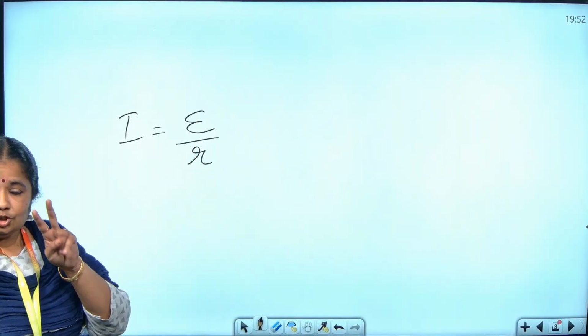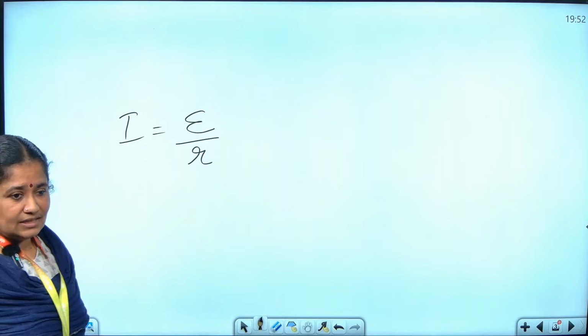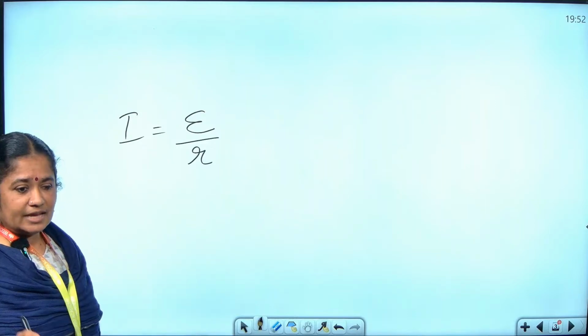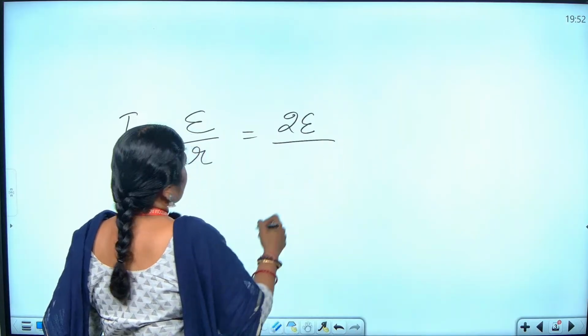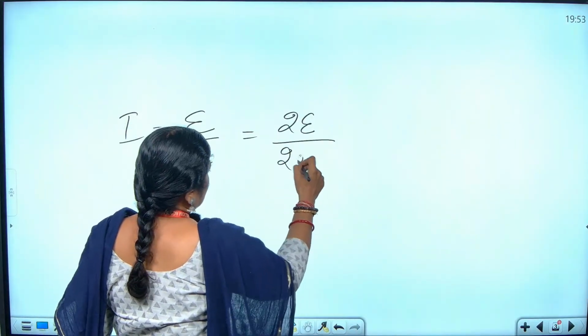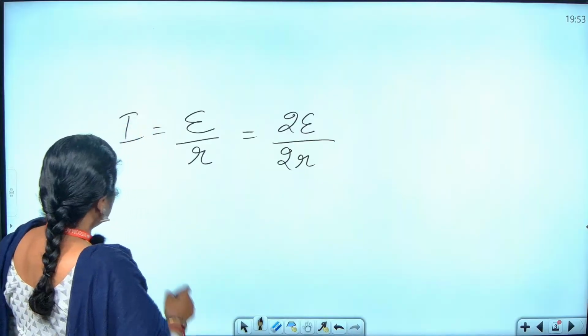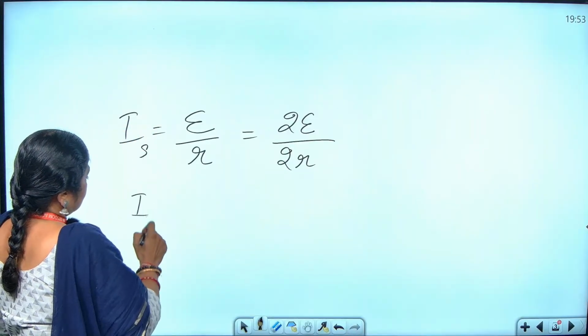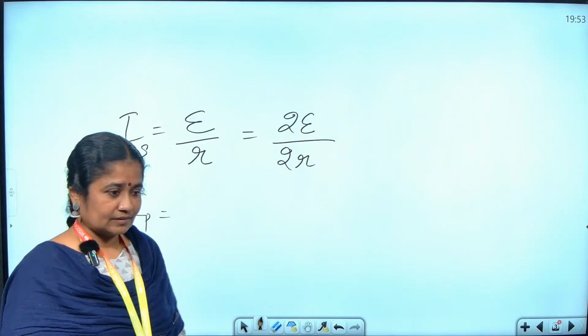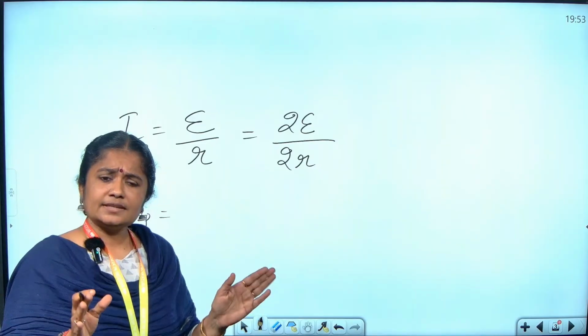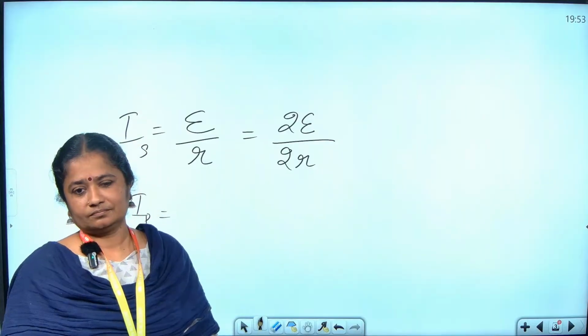In the first case, you are connecting two cells in series with the same EMF and same internal resistance, so total EMF will be 2 epsilon. Then, when you connect two cells in parallel, what will be the total EMF? However many cells you connect in parallel, it gives only the EMF of one cell.